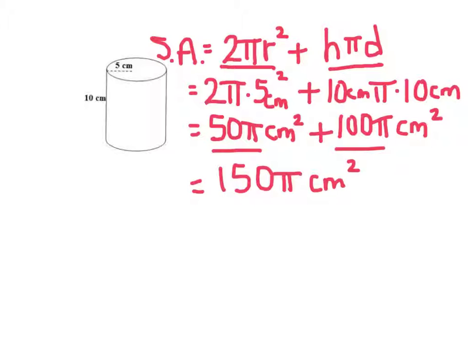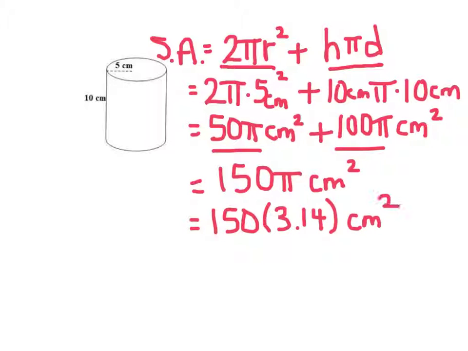Now I'm going to break out the value of pi, because this is the very last step. I'm going to take 150 and then I'll multiply by 3.14, because that's what we're going to use for our value of pi. All right, so get your calculator, go 150 times 3.14.